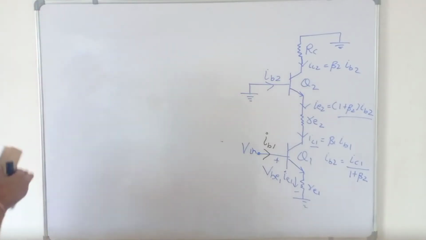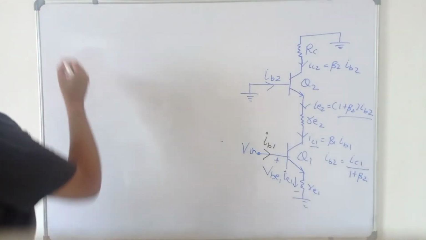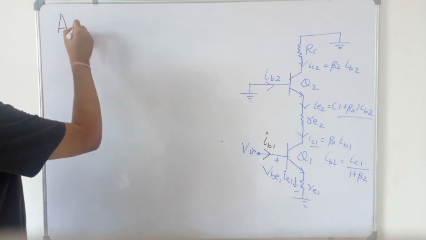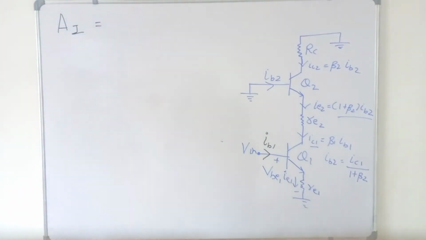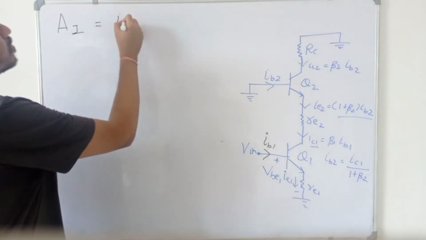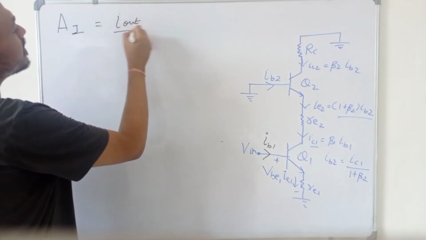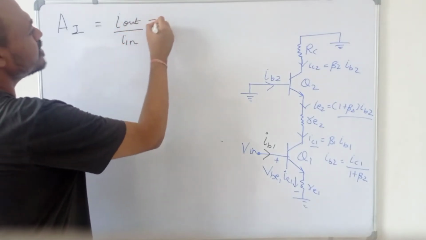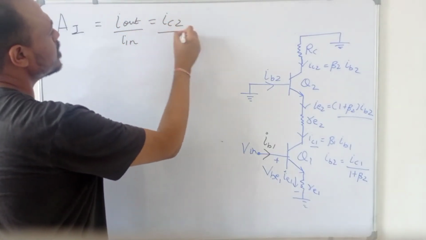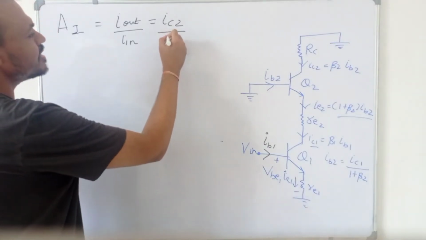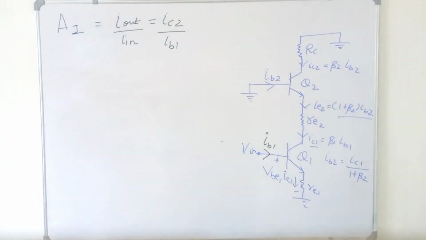Okay, now let's find the current gain AI of cascode amplifier. The current gain AI is given as I out upon I in. I out is nothing but IC2, and I in is nothing but IB1, because input current is nothing but the base current of first transistor.